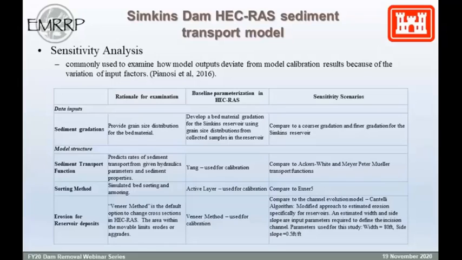Basically, with that algorithm, you can estimate how your incision channel might look, and you provide to the model some dimensions for a trapezoidal channel. You have to include your width and your side slope.